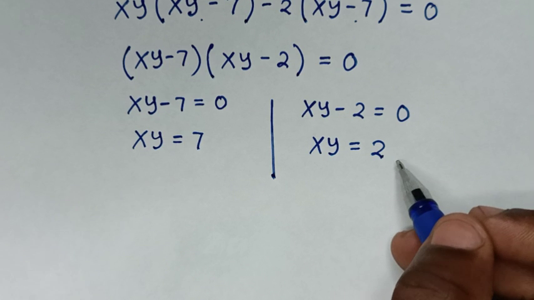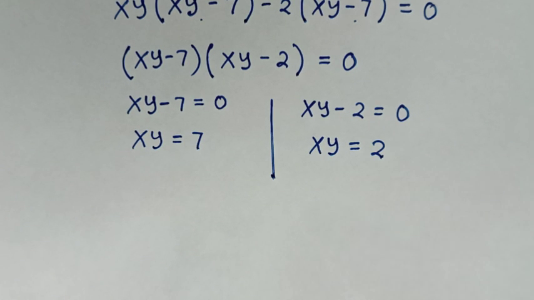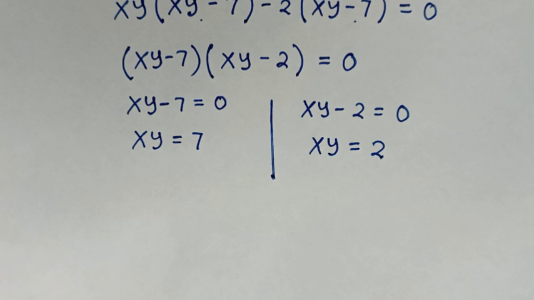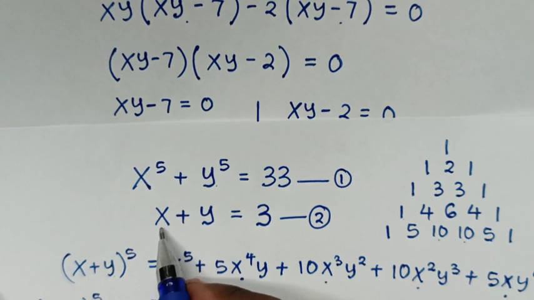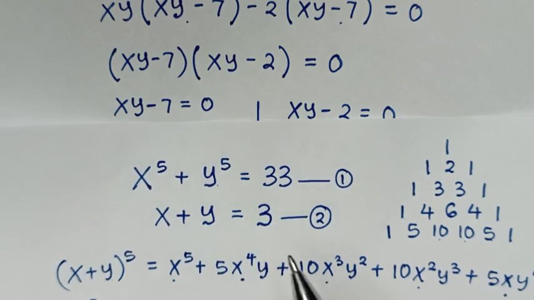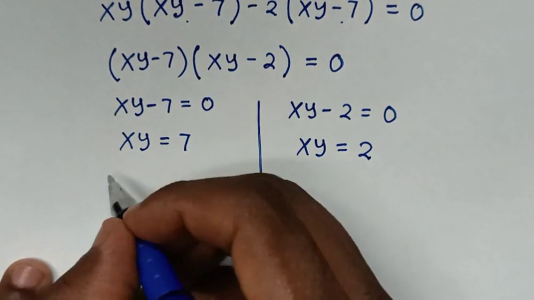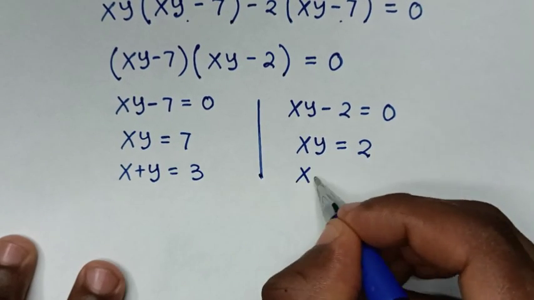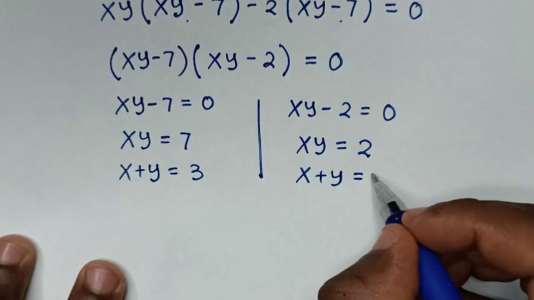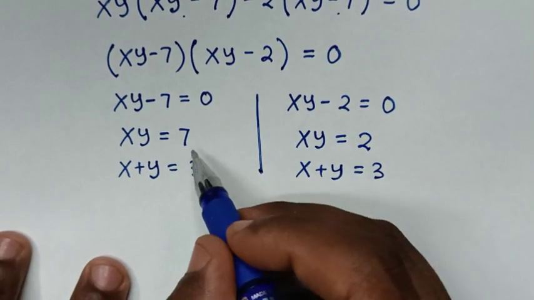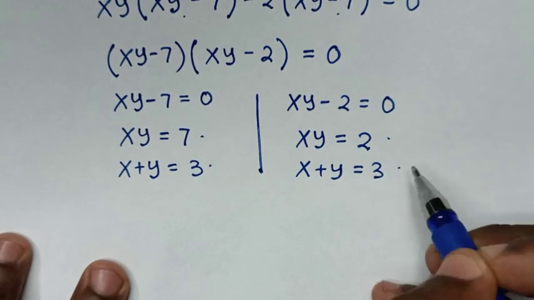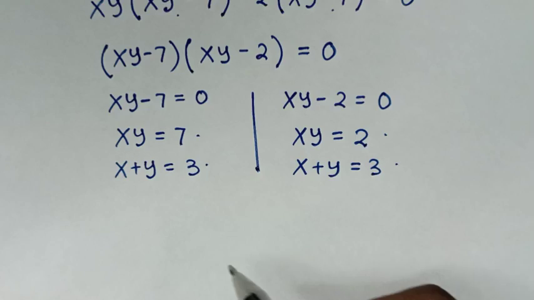Then we will use the second equation, x plus y is equal to 3. So we'll solve by using these two equations so as to find the values of x and y.